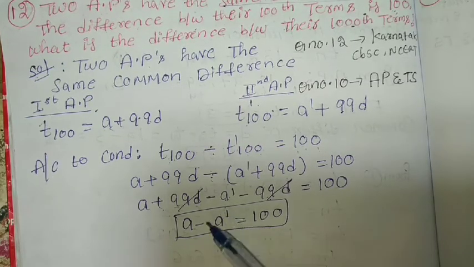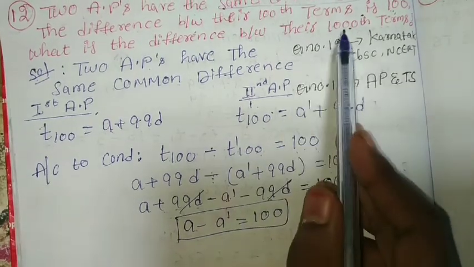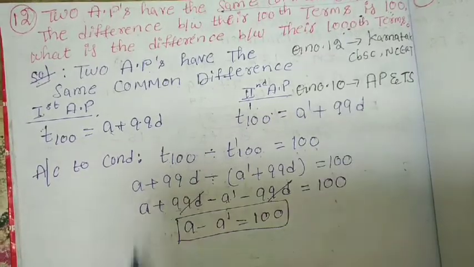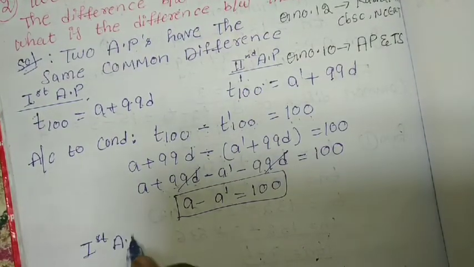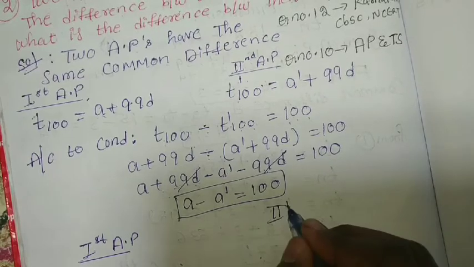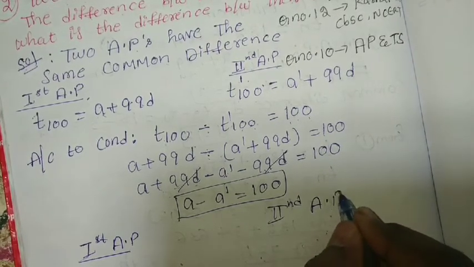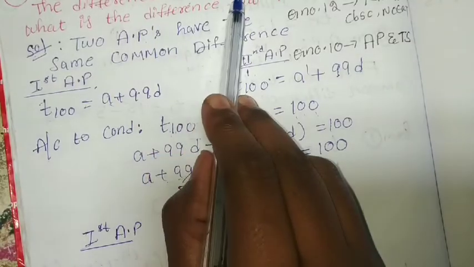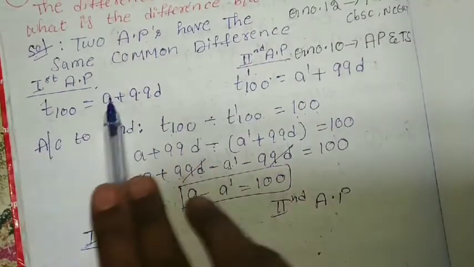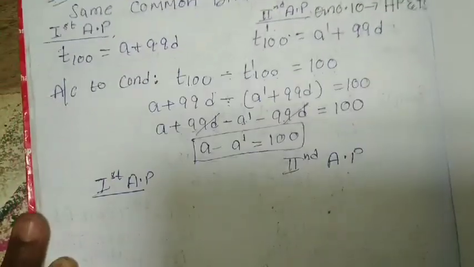The same process we have to do now for the 1000th term. Let's take again the first arithmetic progression and the second arithmetic progression. We solved the difference between their 100th terms, which gives 100.